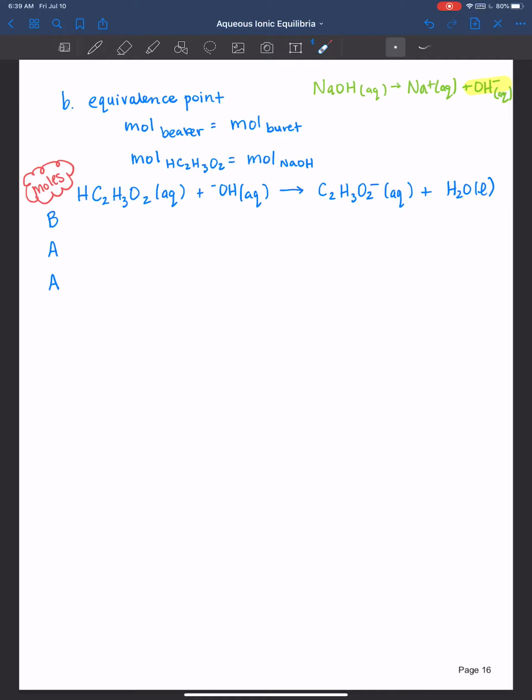Because we must work in moles, we need to convert the molarity of the acetic acid in our beaker from the volume that was given. So we were given 20 milliliters of a 0.105 molar acetic acid solution. So therefore, that's 0.020 liters. I'm converting 20 milliliters into liters by dividing by 1,000 and multiplying by its concentration.